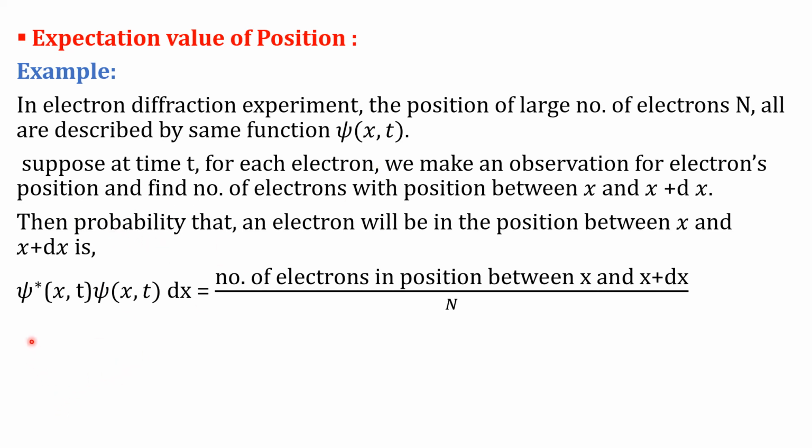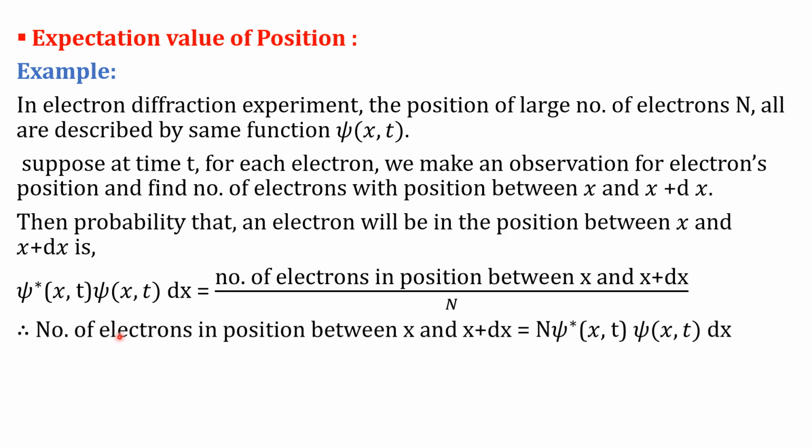Therefore, that probability is psi star x,t psi of x,t dx, equal to the number of electrons in the position between x and x plus dx, divided by n. Now we simplify this equation. Taking n to the other side, we get the number of electrons in the position between x and x plus dx equal to n psi star x,t into psi of x,t dx.